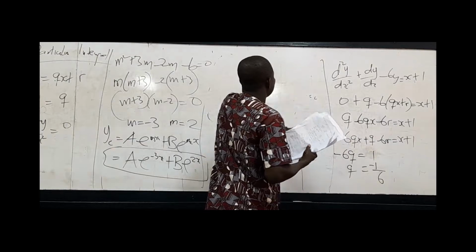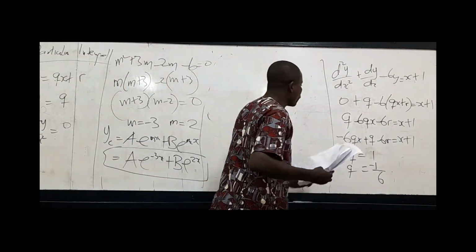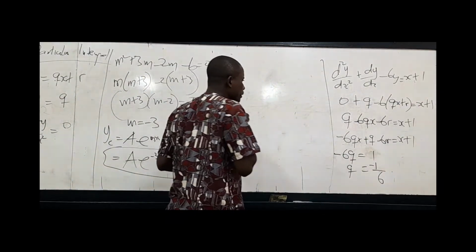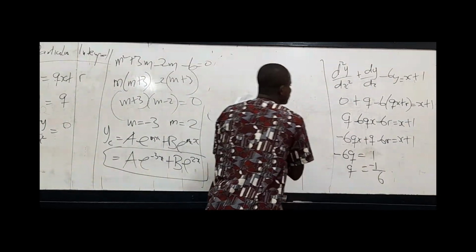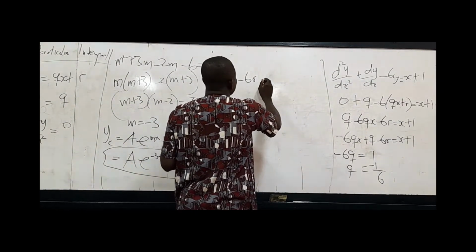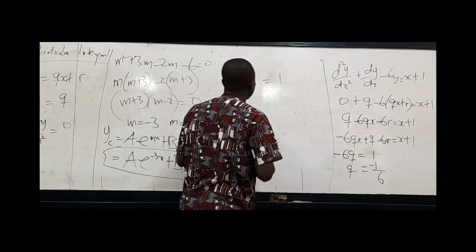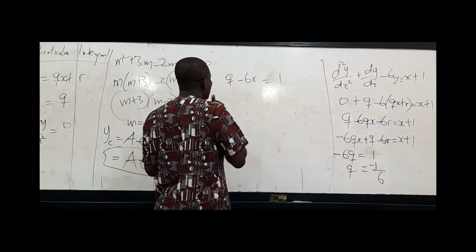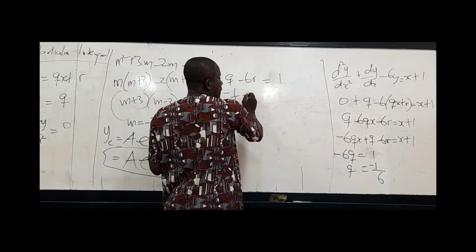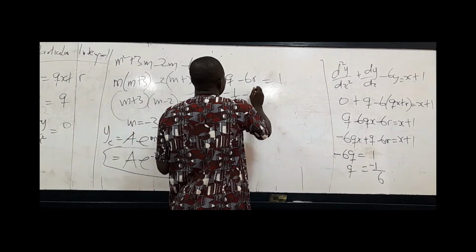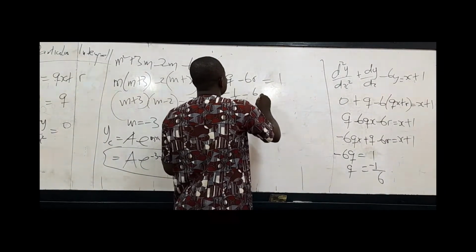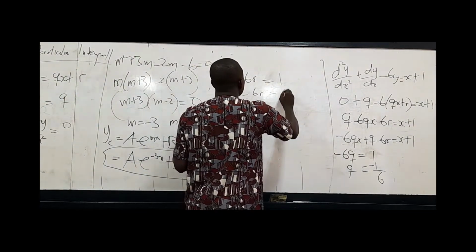Having gotten our q, we can now find the others. We compare the rest: q minus 6r is equal to 1, which is what is left. Q is negative 1 over 6, so negative 1 over 6 minus 6r is equal to 1.